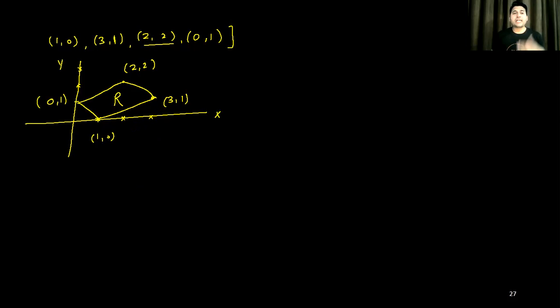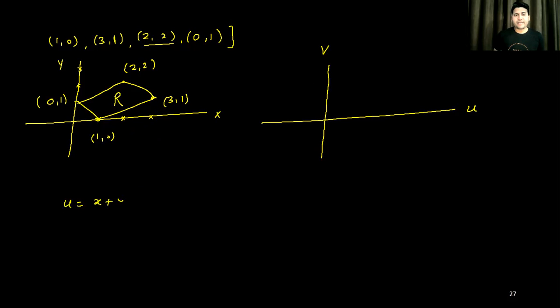Now I need to transform this region into the uv plane. Let us see how it will look in the uv plane. So let this be the u axis, this is the v axis. The transformation given to us is u equals x plus y and v equals x minus 2y.